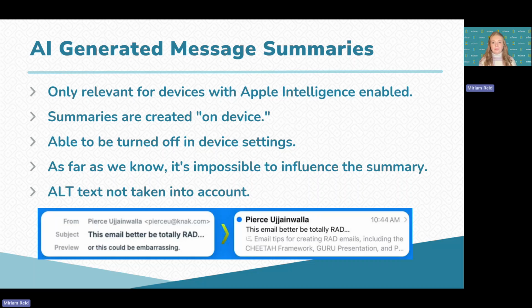Now it's extremely important not to include any important information solely in images. If there is something that you want to show off in text, in an image, make sure that information is also communicated in the actual text of the email.